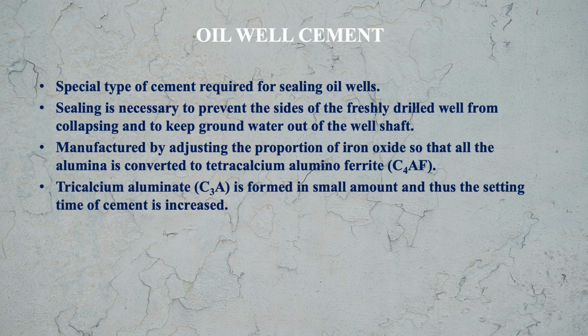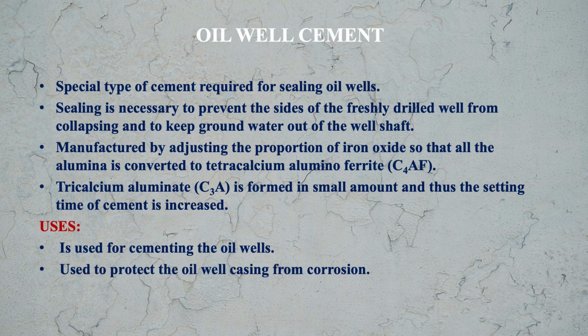Because the setting time is primarily governed by C3A, and here the C3A, the tricalcium aluminate, is in less amount, the setting time is increased for this cement. Let us see what are the uses of oil well cement. Oil well cement is used for cementing the oil wells. It is also used to protect the oil well casing from corrosion.